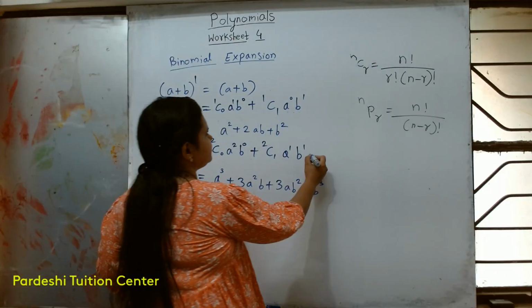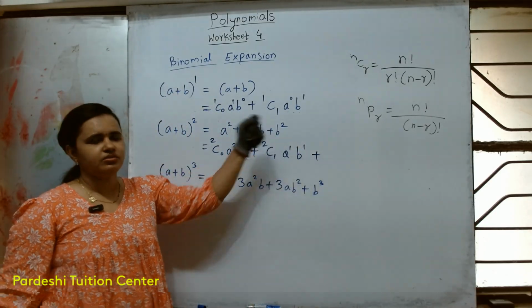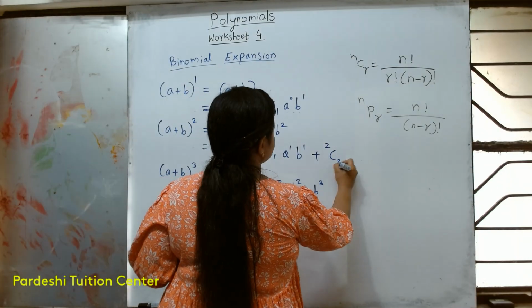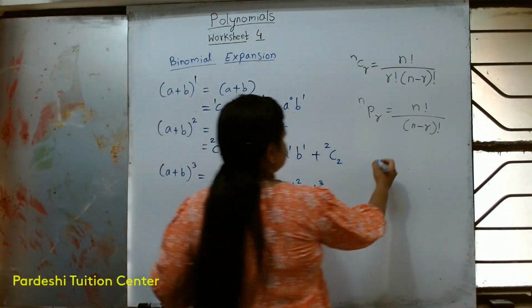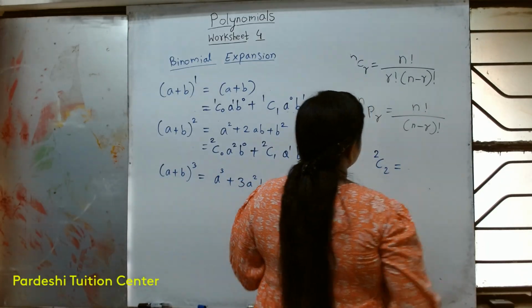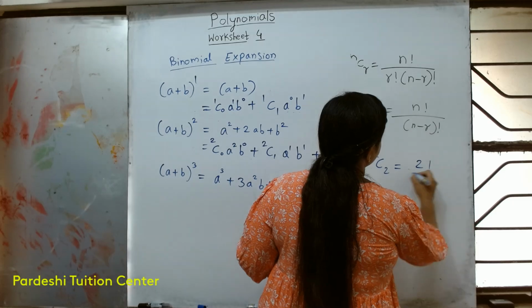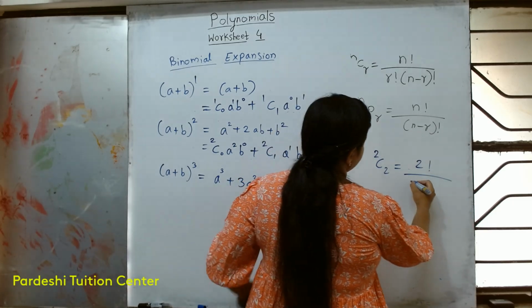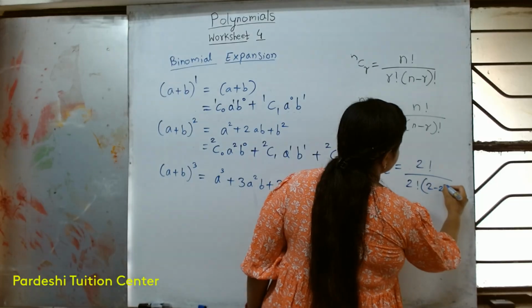Now for b square we will write 2c2, since it was 2c0, 2c1, now it will be 2c2. Let us check if 2c2 is coming as 1. Again put it in that formula for combination. It was n factorial, that is 2 factorial upon r factorial, 2 factorial. Again n minus r means 2 minus 2.